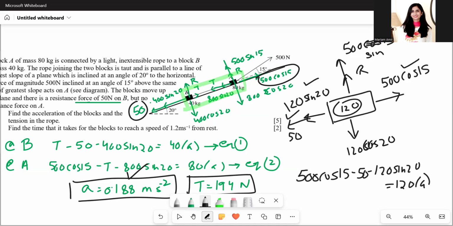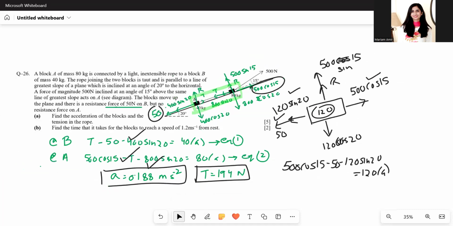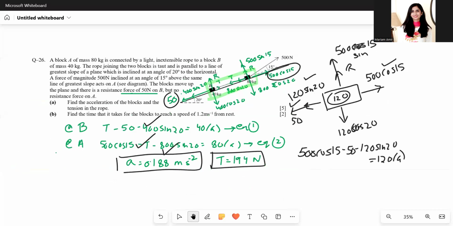And then you can use any one of the equations, either this or this, and find tension after that. Anyway, so you could work on simultaneous equations or you could work on the entire system, get acceleration first, and then get tension.